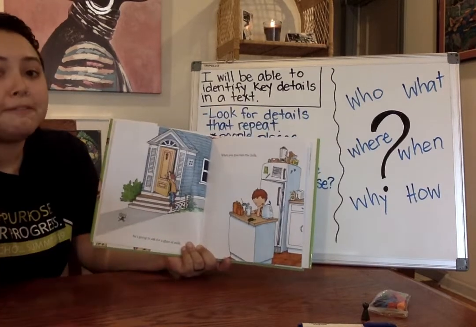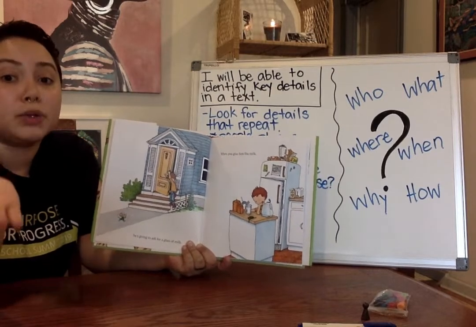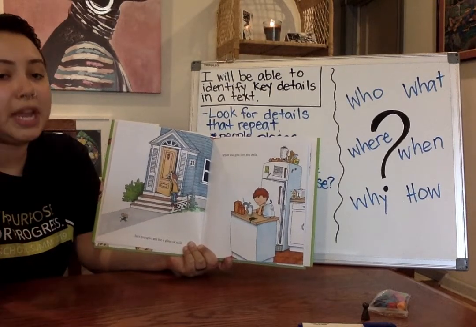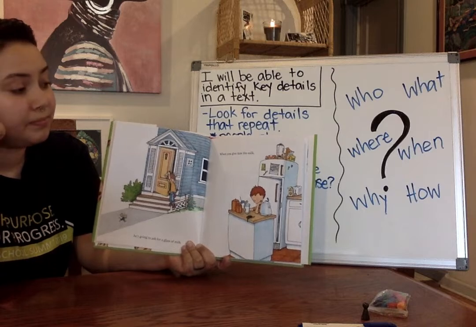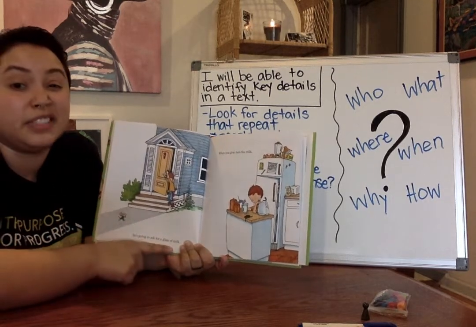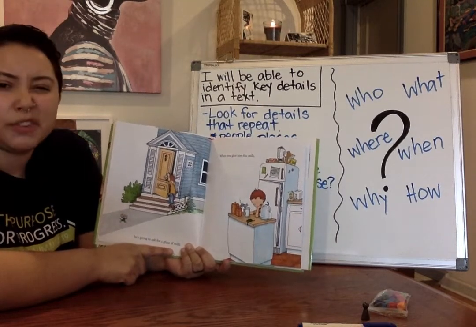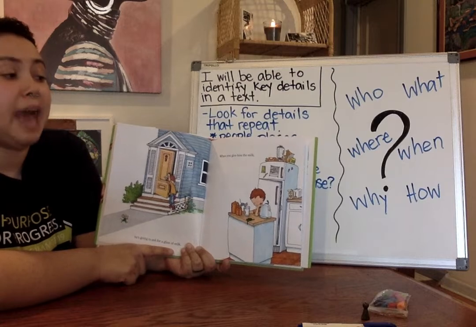Now, one of my first questions was, what happens when you give a mouse a cookie? Think about it. If you said he's going to ask for a glass of milk, you're right. But I wonder if there are other things that are going to happen.